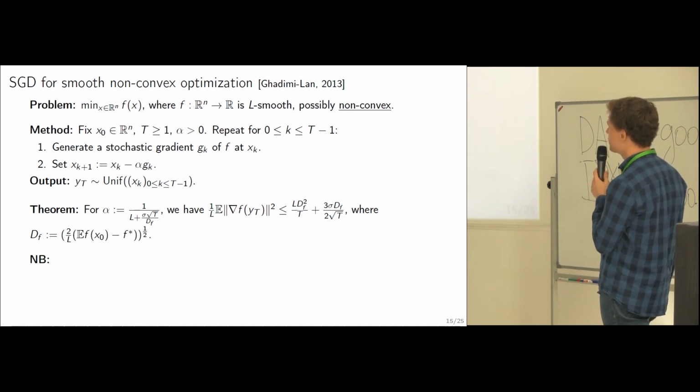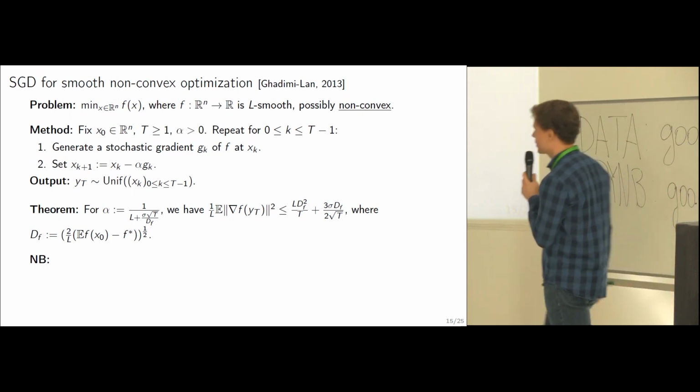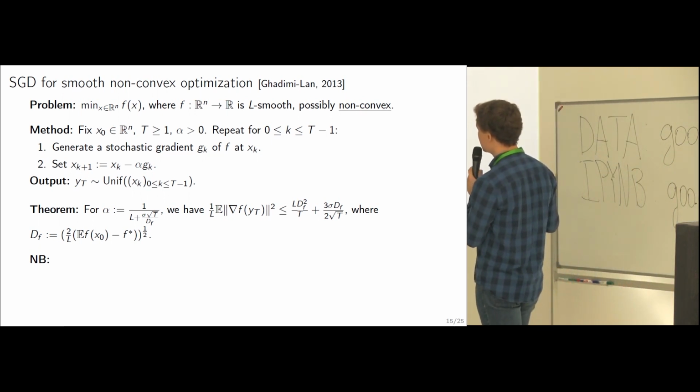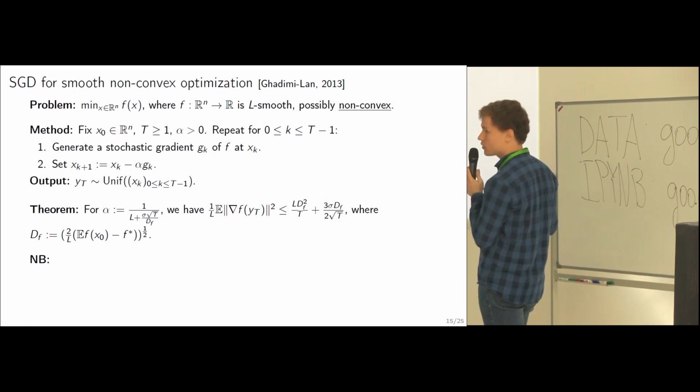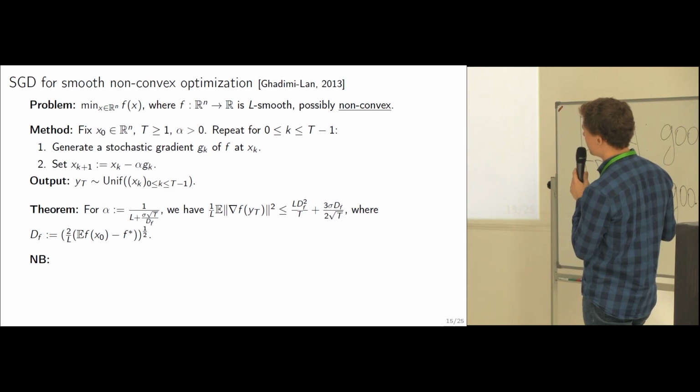The only difference here is that previously we had D, the distance from the initial point to the solution. Now we have the distance in terms of the function value, but these things are almost the same. What matters is that the result is exactly the same.